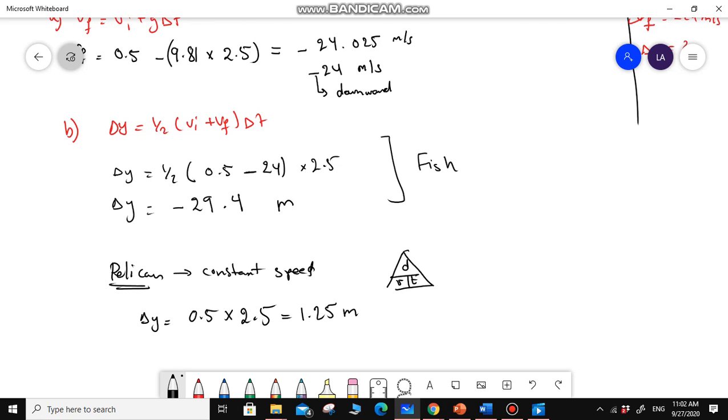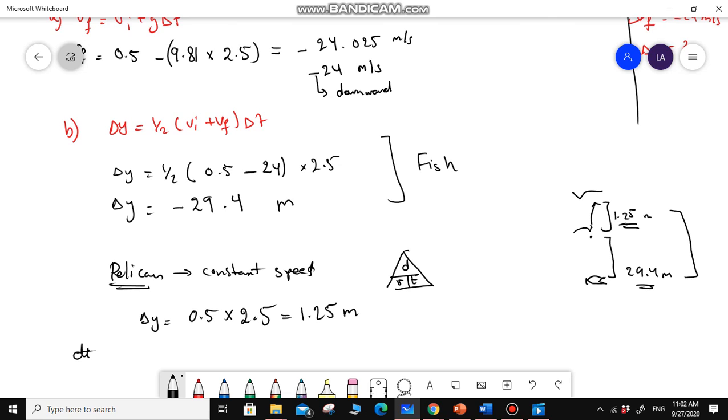So after dropping the fish, the pelican will go up 1.25 meters. So the new position is here for the pelican. The fish will go down 29.4 meters. Here I'm taking just the distance. So the total distance between them will be the sum of both.